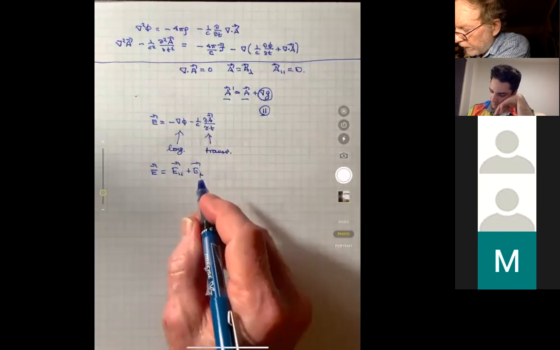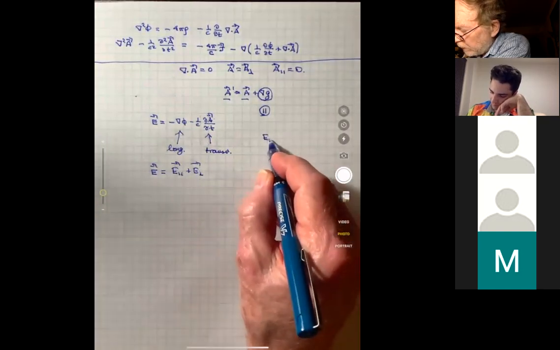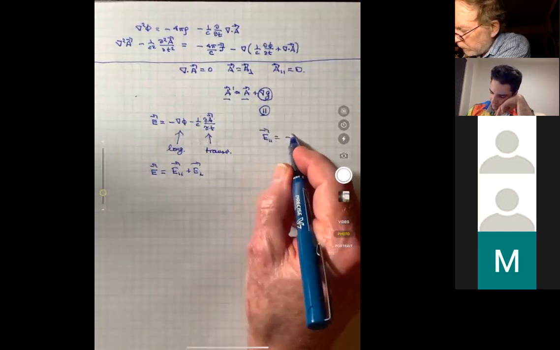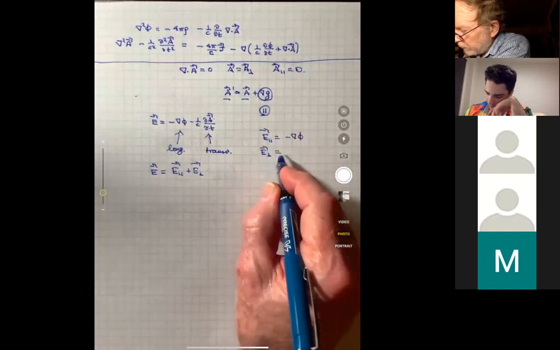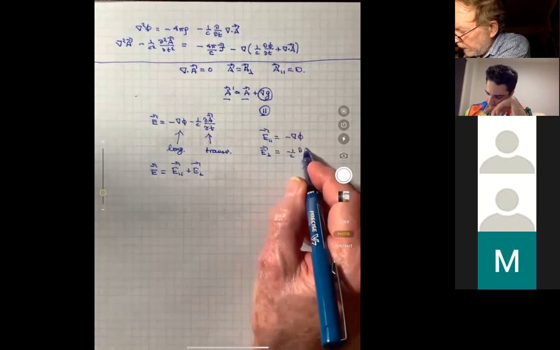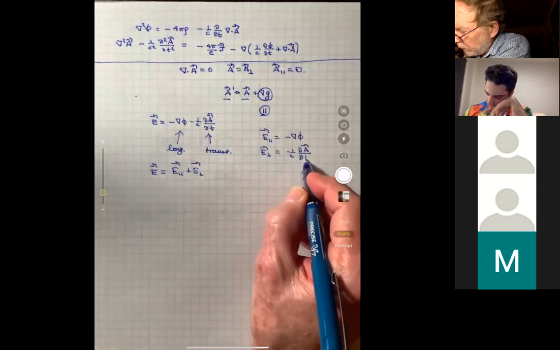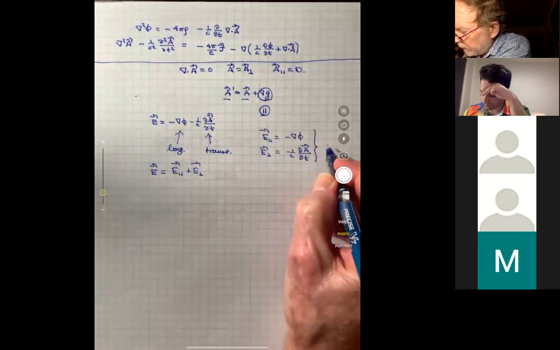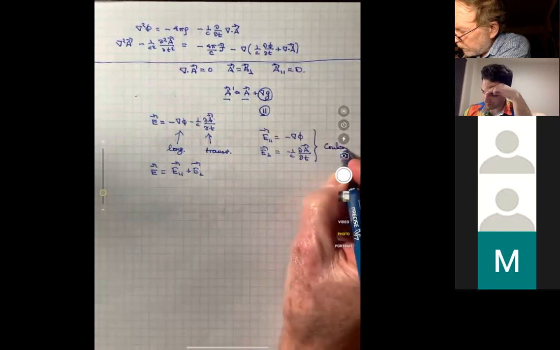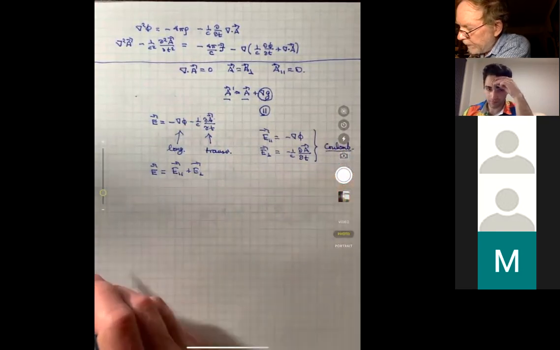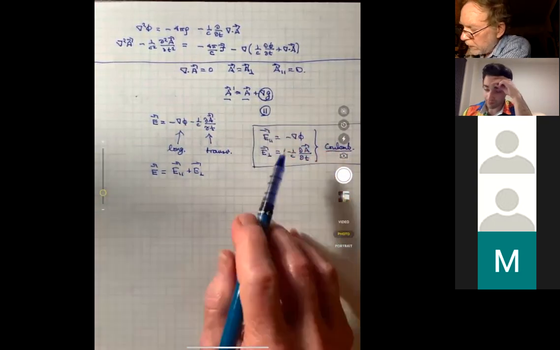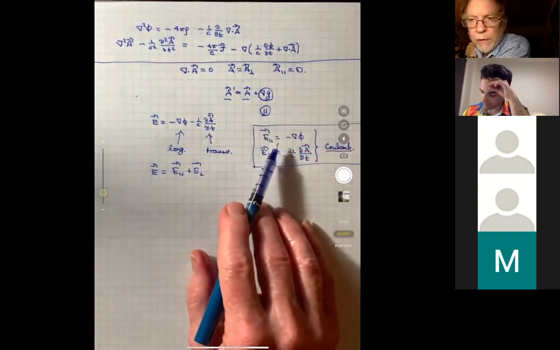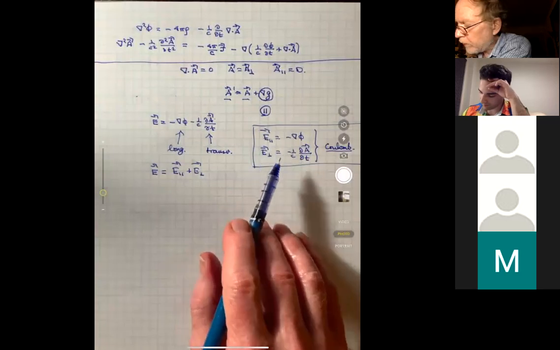You can do that for any vector field, but what we find is that E longitudinal is minus gradient phi, and E transverse is equal to minus 1 over c dA/dt. These results hold only in Coulomb gauge, but that's useful because in the electrostatic approximation, the electrostatic component of the electric field is the dominant one, and the transverse part is small.